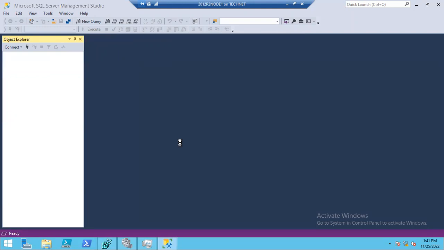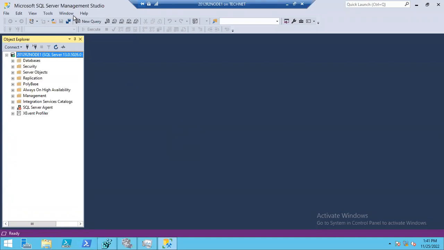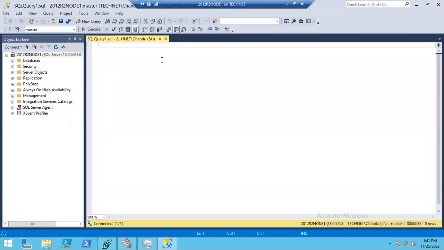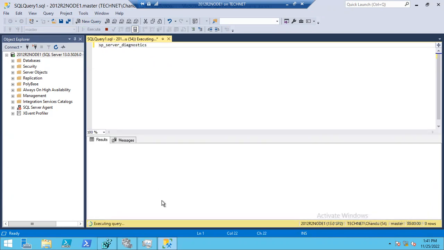How the ODBC opens and all that I can also show, but just to see what events and checks happen when sp_server_diagnostics executes, just execute sp_server_diagnostics.